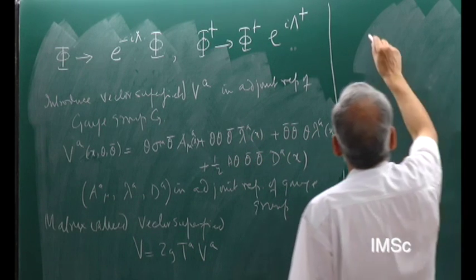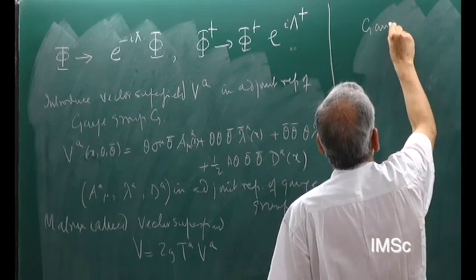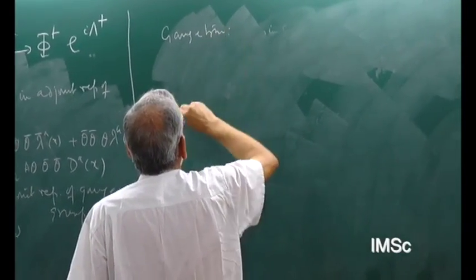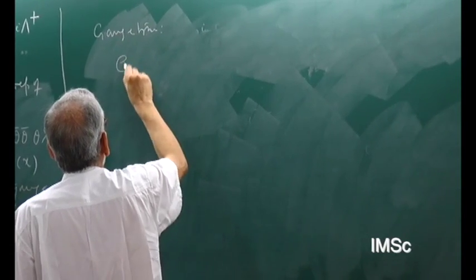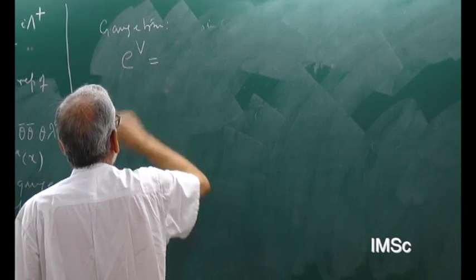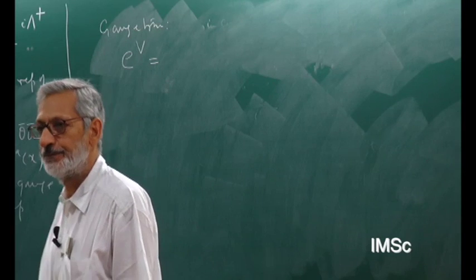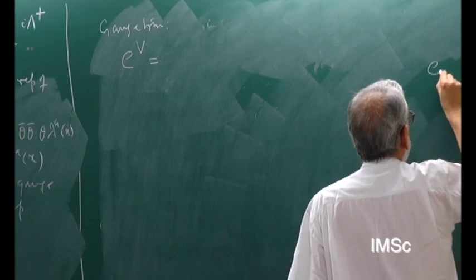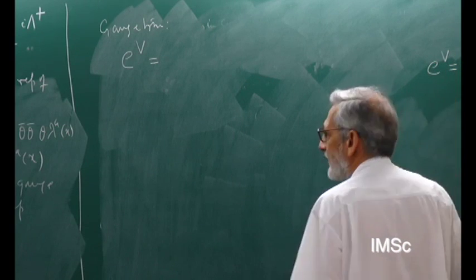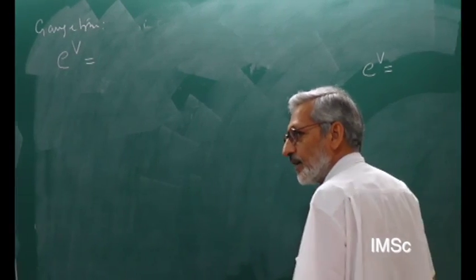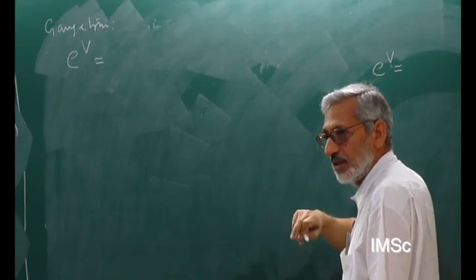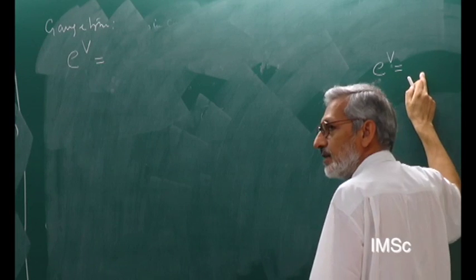Now under gauge transformation, construct the exponential of V. You remember the exponential of V we learnt earlier for the abelian theory. Because of the way V is defined in terms of thetas, written as a series, it truncates.